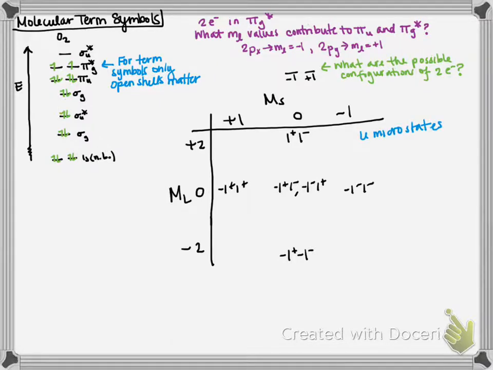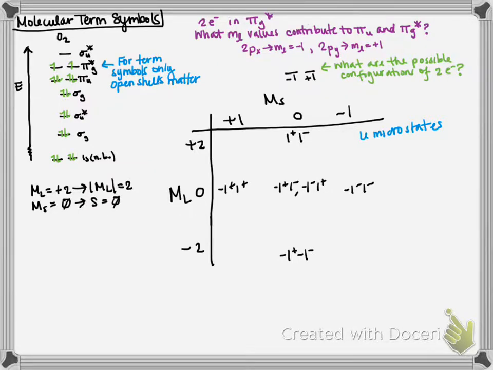All right, so now that we know our microstates, how do we figure out our term symbols? What was the first thing we did when we were figuring out atomic term symbols? We figured out what the extreme value of capital M sub L would be. Here, our maximum value of capital M sub L is +2.